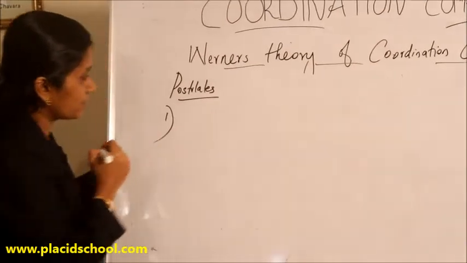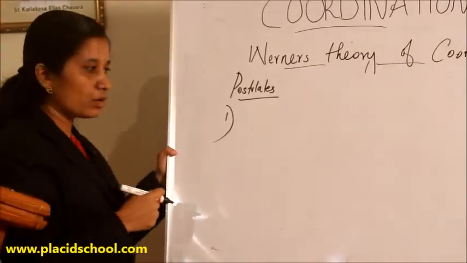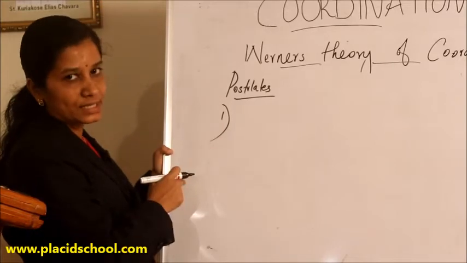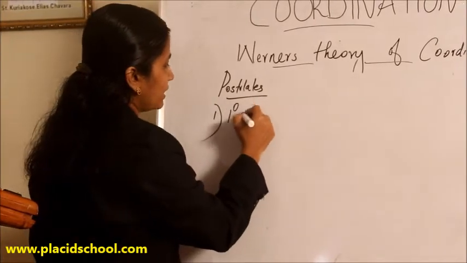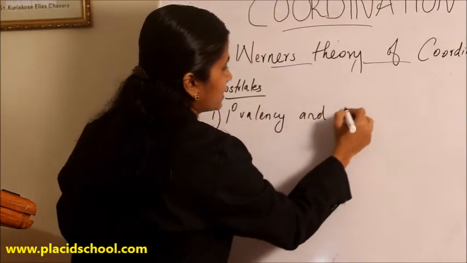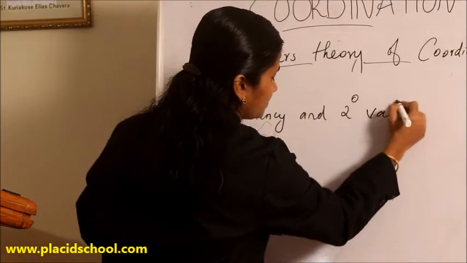First one: in a coordination compound, the metal ion exhibits two types of valencies. They are primary valency and secondary valency.